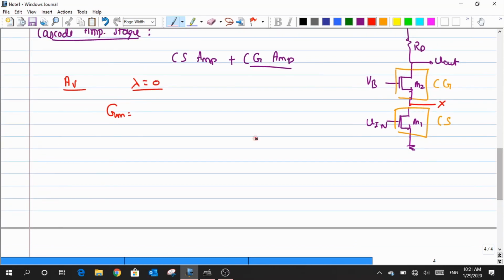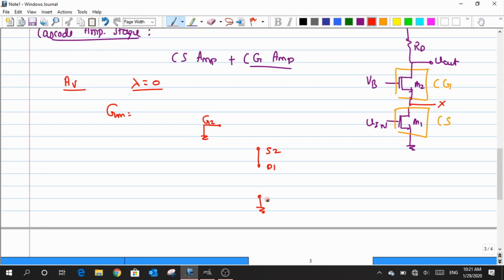One way that I can visualize this entire thing is to go for G2. So obviously the VB potential would be grounded here. I have the source terminal of M2, so I'll put it as S2 here, and the source is connected to the drain of my M1, so I write it as D1.